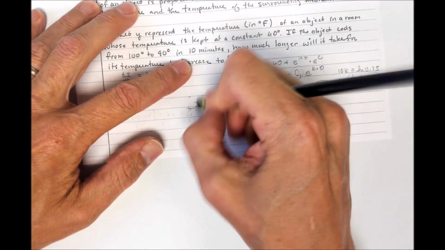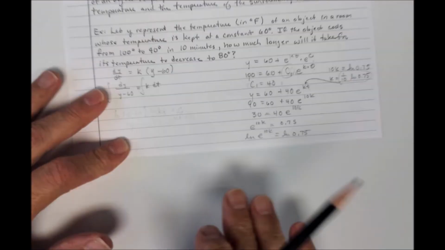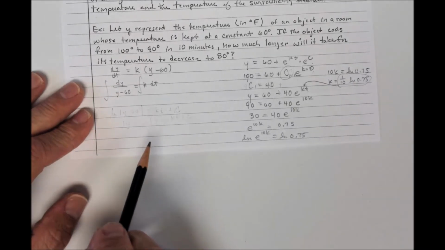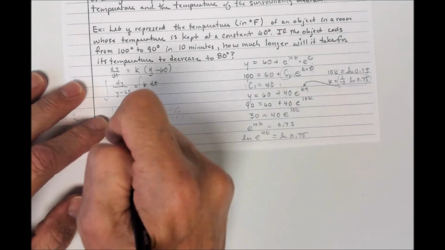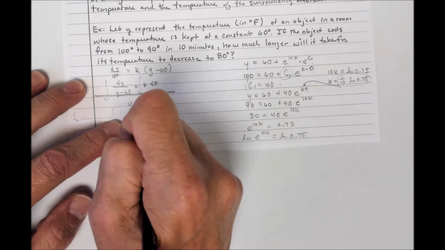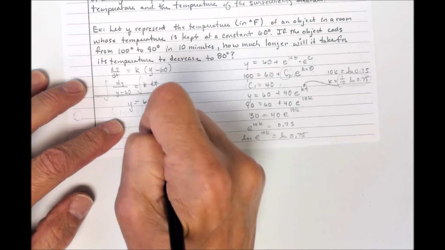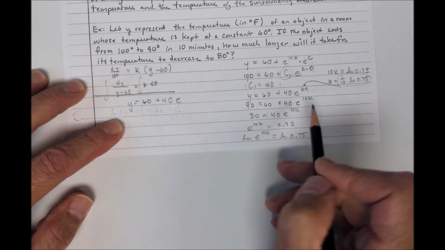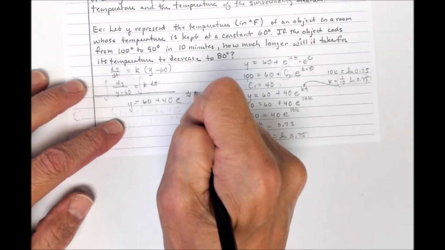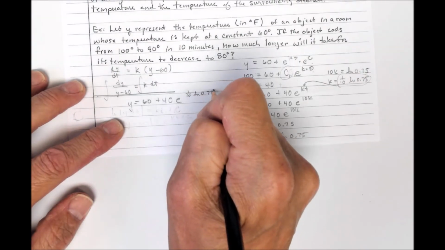If you're taking notes, just go ahead and get another sheet of paper so you don't have it all so messy like I am. So now I have y equals 60 plus 40 e to the kt, but k is 1/10 the natural log of 0.75, times t.